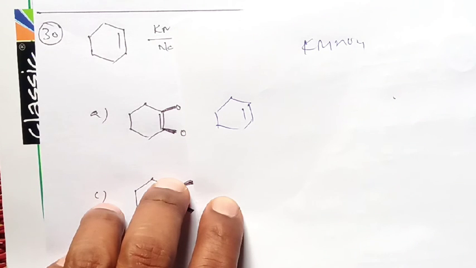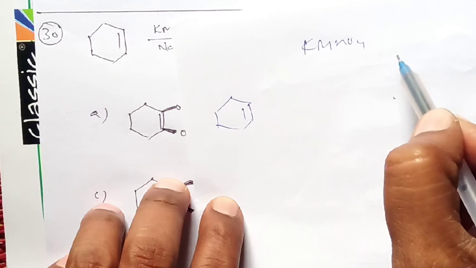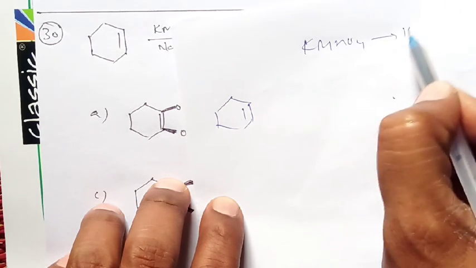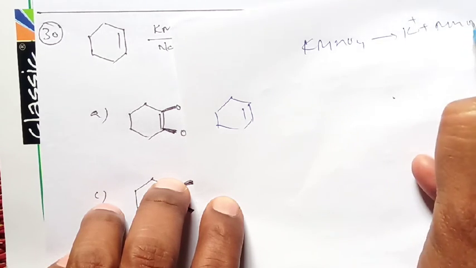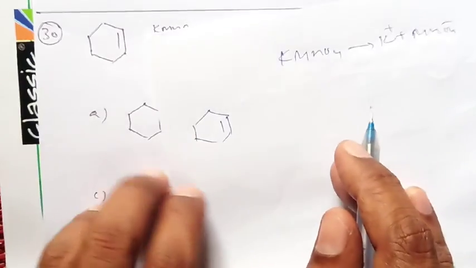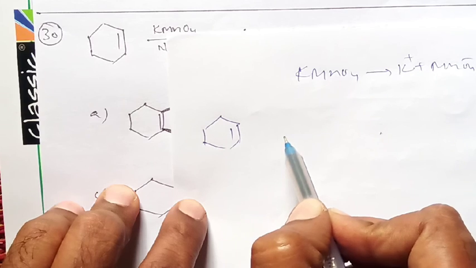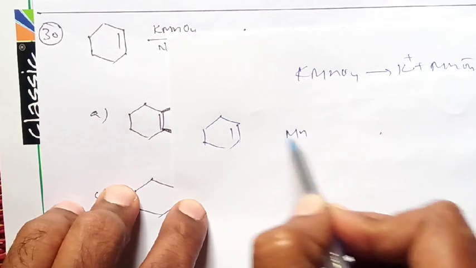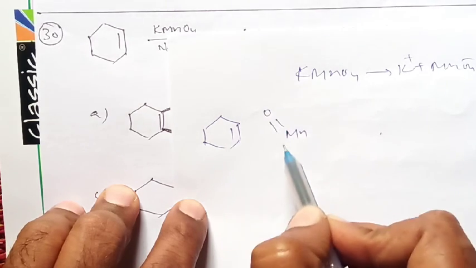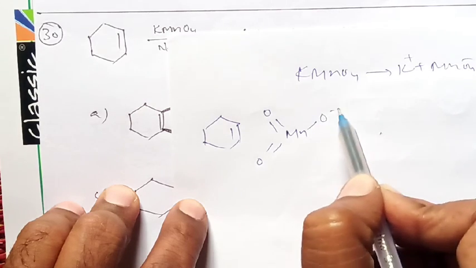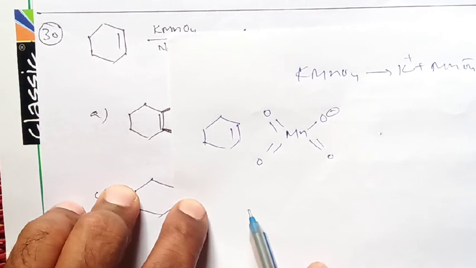Because of that reason, it is helpful to identify saturation and unsaturation in organic compounds, especially in alkenes and alkynes. So KMnO4 is K plus and MnO4 minus. Is it okay? Now how MnO4 minus reacts, just observe the mechanism. Mn, 2 oxygens here, 1 more oxygen, and O minus, and here 1 more oxygen.